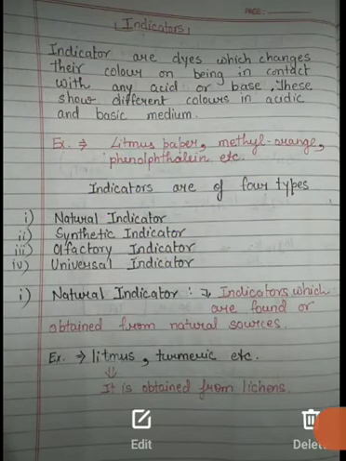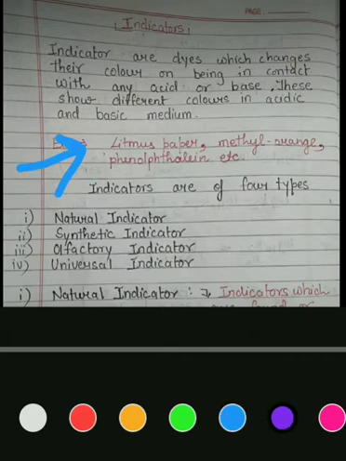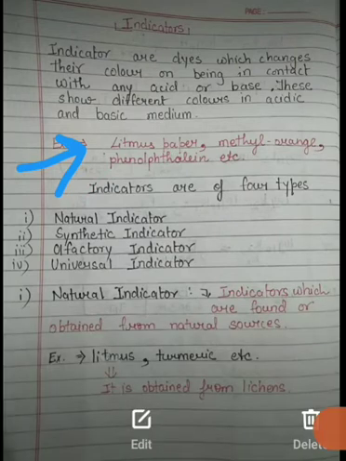Now let us see some examples of indicators: litmus paper, methyl orange, phenolphthalein, etc. We have discussed the case of litmus paper earlier also, that is, when it comes in contact with acid it turns blue litmus into red, and bases turn red litmus into blue. You have to remember this because it is very important for you.